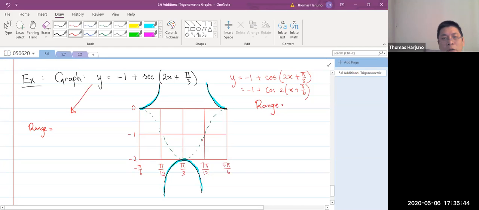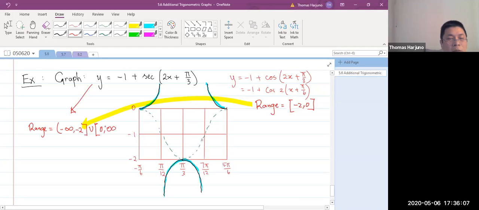The range here will be from -2 to 0. Using that, the range for the secant part will be the complement of that: from -infinity up to -2, union 0 to infinity.